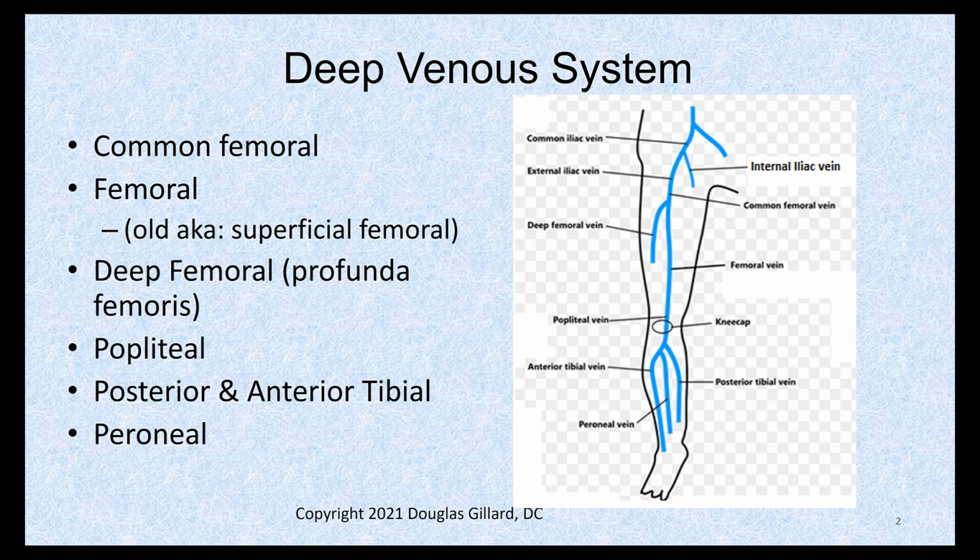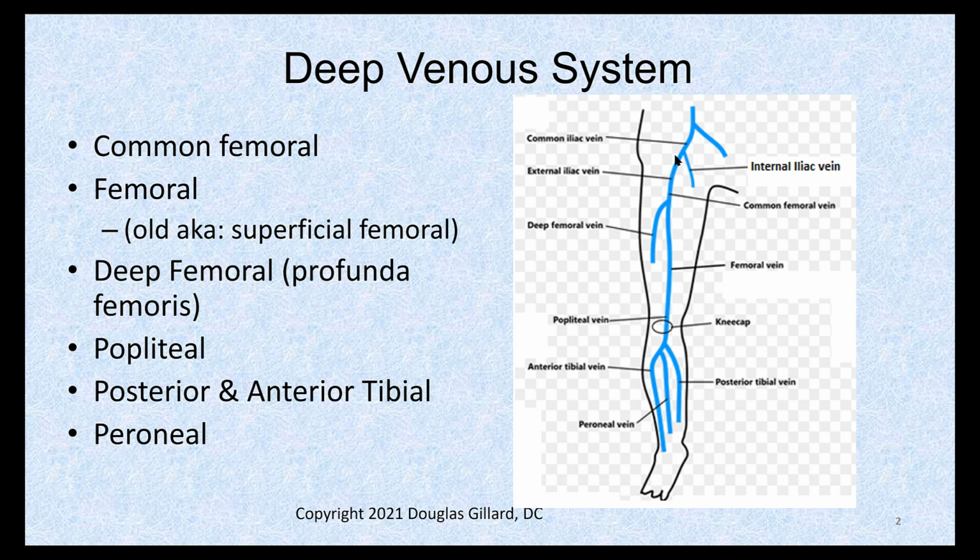It's a major carrier for blood to get out of the lower extremity. So back in the 80s and 90s, they changed the name to femoral vein and got rid of superficial femoral vein and superficial femoral artery, because it's blood clots in the deep system that are incredibly dangerous. The ones in the superficial system are not nearly as dangerous. They can still cause a lot of swelling and trouble, but they're probably not going to kill you.